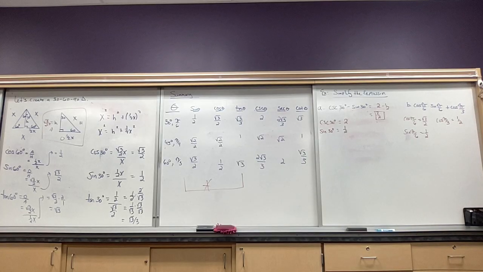Now again, I'm just writing these down. Could you just do a direct substitution? Absolutely. I'm just trying to make it easier to read in your notes. So let's plug those values in. We get square root of 3 over 2 times a half plus a half. So this is going to be square root of 3 over 4.